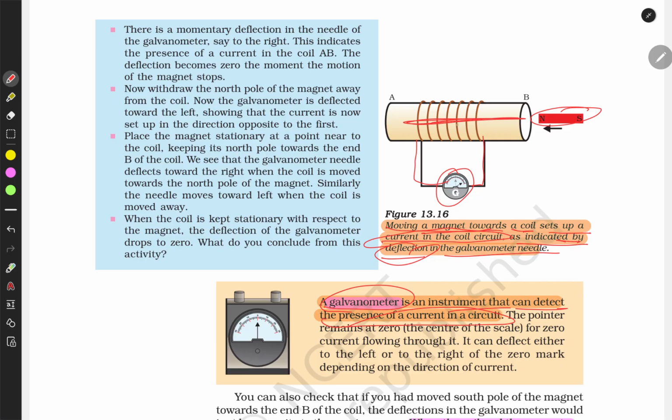We can move this magnetic bar manually. What we see is that the galvanometer needle deflects, and this shows that a changing magnetic field, a moving magnet, can be used to produce an electric current.